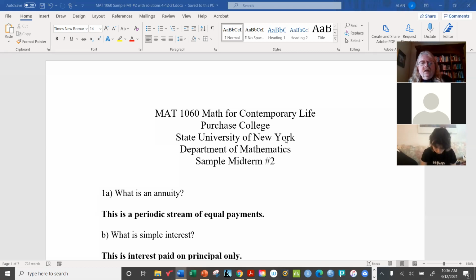With a typical car loan, all the payments are equal to each other and they take place every month. So we can think of that as a monthly annuity. Technically, that's not the way it should work, but that's the way we tend to do it in practice. The word annuity means annual, but we often use it to represent monthly cash flows as well as other types, as long as they're equal payments.